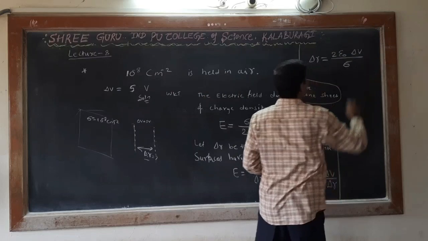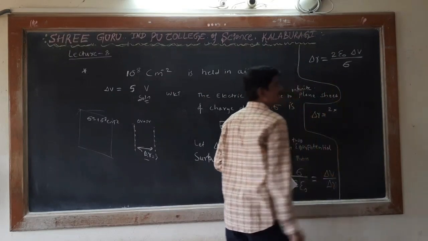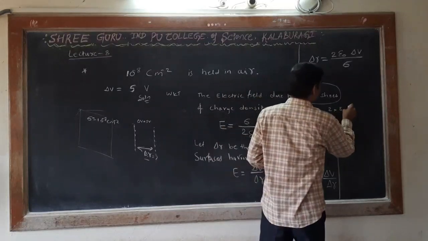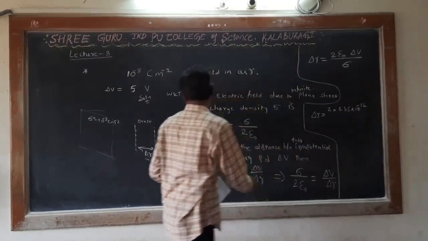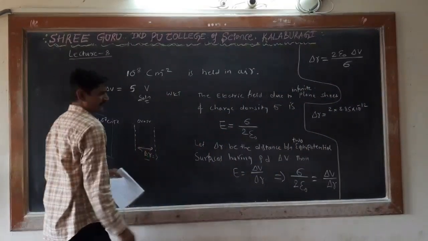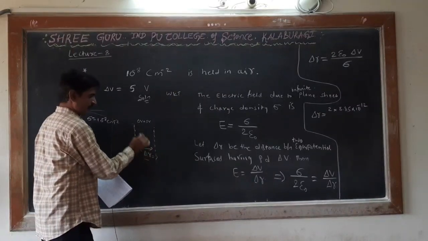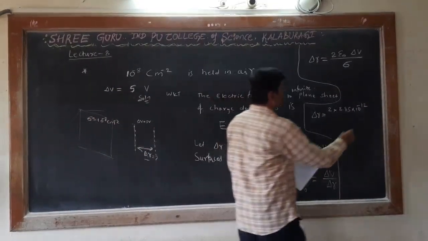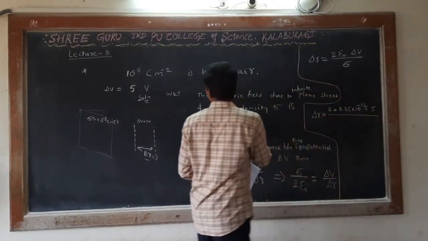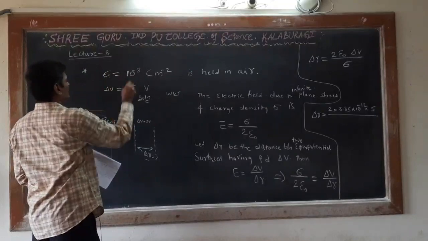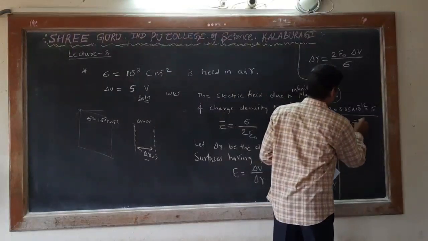Epsilon naught is 8.85 into 10 to the power minus 12, delta V is the potential difference between the two equipotential surfaces, 5 volt, and sigma, the charge density of this plane sheet, is 10 to the power minus 8.